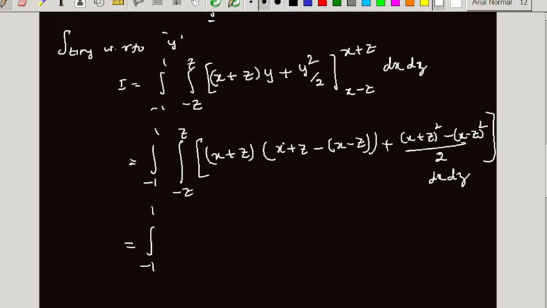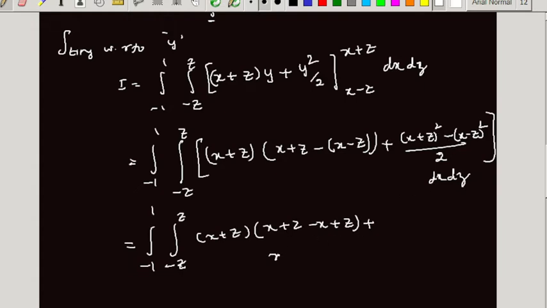Here we can see that x plus z into x plus z. Here we multiply the minus x plus z, we get plus. Here we must apply a plus b whole square minus a minus b whole square.